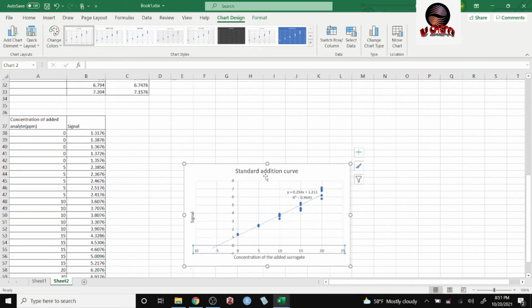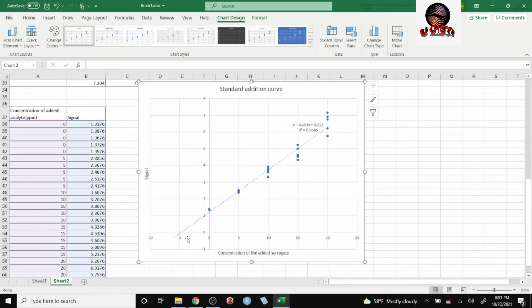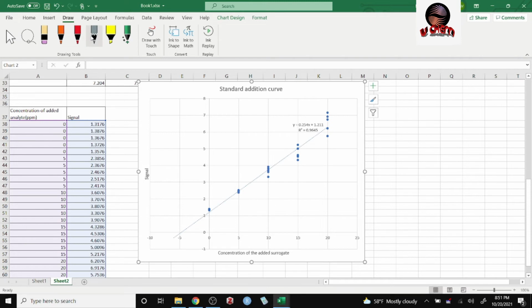And when you are extrapolating your plot, you are getting an intercept like this, the line. This is the intercept actually, where it cuts the axis from here. Oh, that's not a good color.